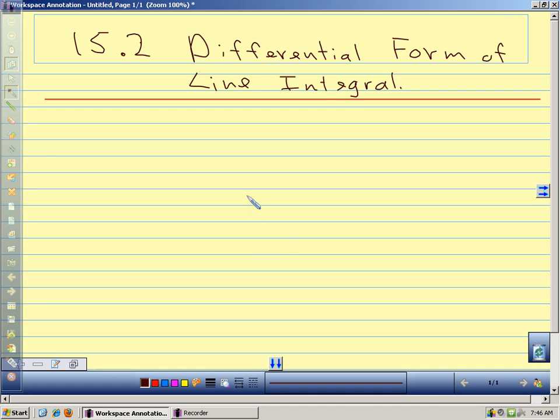All right, so just a quick summary of what we've done with line integrals so far. We talked about the line integral of a scalar field.